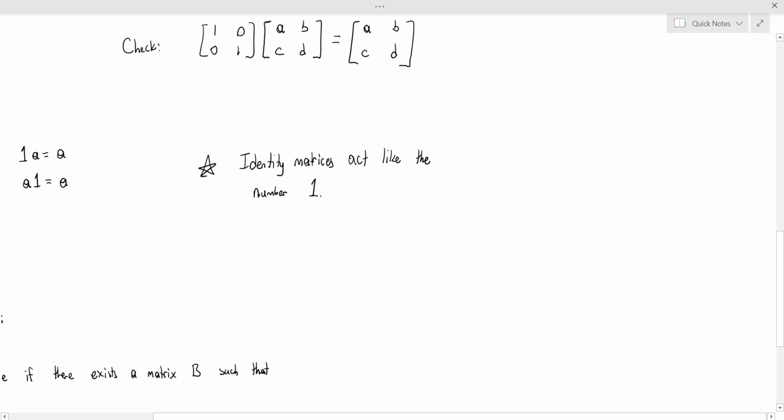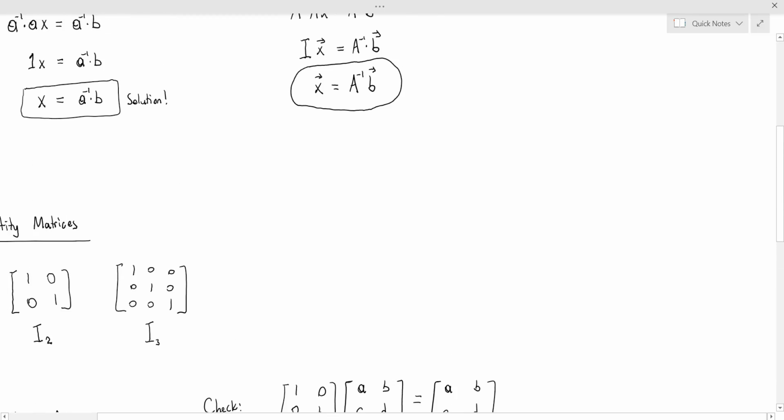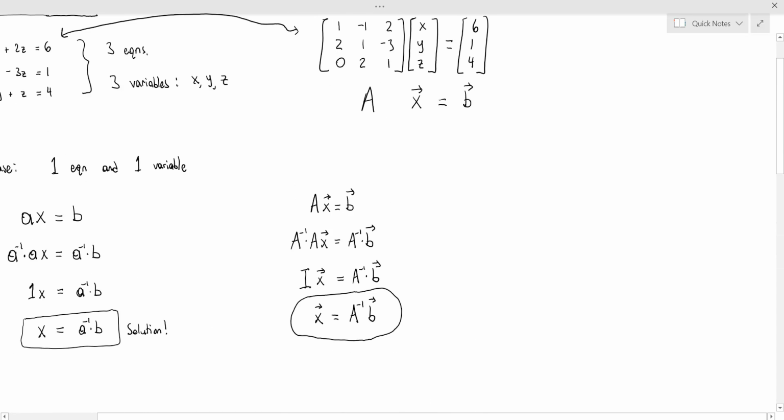Now let's talk about how to find the inverse of a matrix. Once we are able to find the inverse of a matrix, we would at least be able to solve a linear system of equations like this if the matrix A was invertible. So let's talk about how to find the inverse.